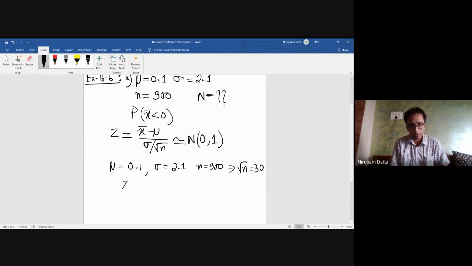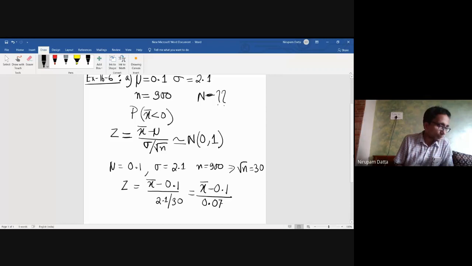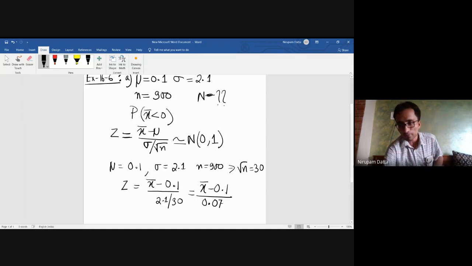So we can write Z is equal to x bar minus 0.1 over 2.1 by 30, which is x bar minus 0.1 by 0.07.